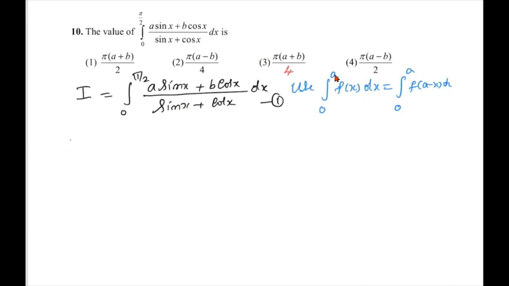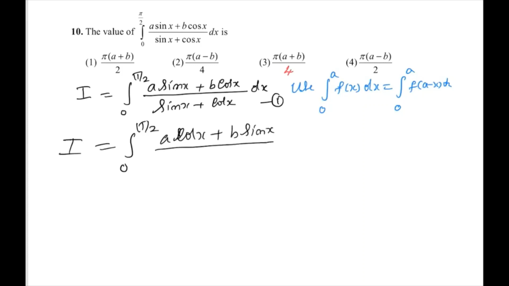Use integral 0 to a of f of x dx equal to integral 0 to a of f of a minus x. Then I becomes, wherever x is there, replace it by pi by 2 minus x. So sin changes to cos, cos changes to sin. Now here in the denominator, cos x plus sin x dx.